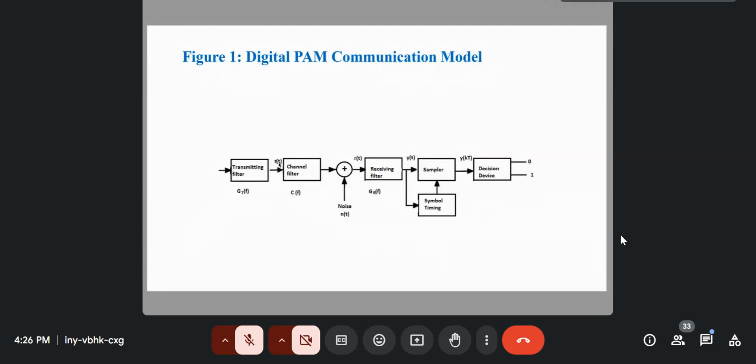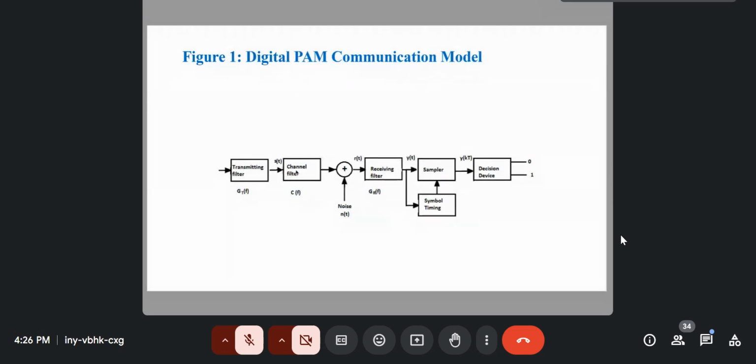It's interesting that you are dealing with ones and zeros, but normally the symbols we deal with as analog signals. So this is s(t).